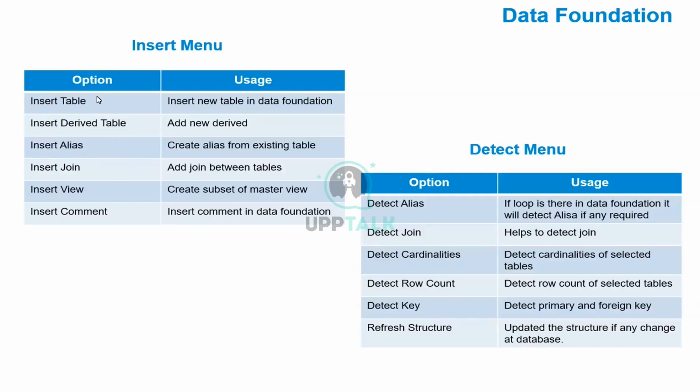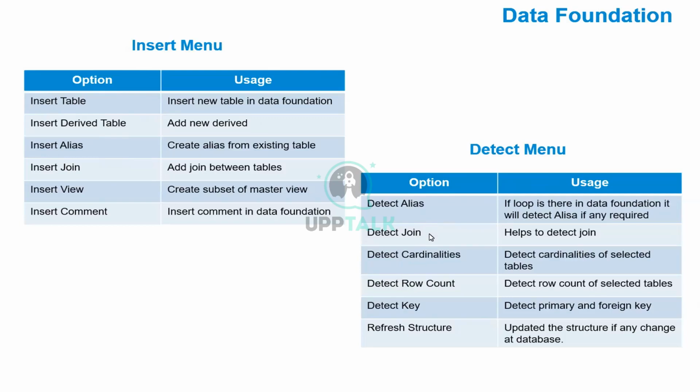Let's take our first step towards learning here and explore it. These are the options available in the data foundation for inserting, and these are for detecting. The tool automatically provides some of the features to detect, like if you want some help from the tool, if you are not sure which join is suitable.